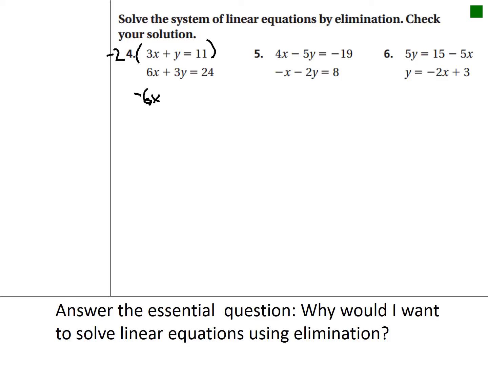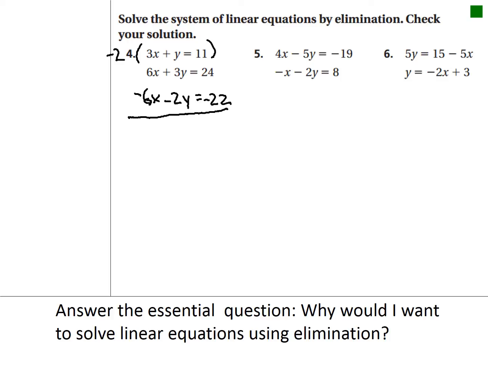And right there, I've built the opposite of 6x. -2 times y is -2y. And -2 times 11 is -22. I just happen to like to always add with opposites. If you had made this 6x, we can do one of these over here.